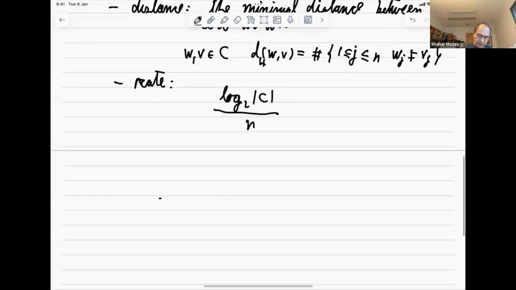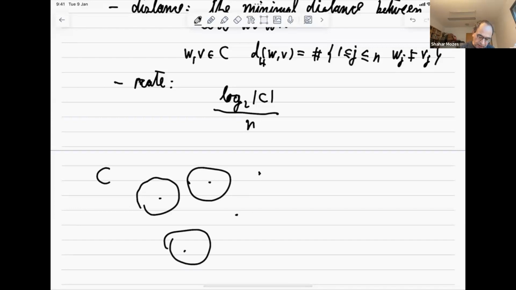If you think of it, you have this space and these points are the code words, and if they're at distance t, then if you take a ball of radius smaller than t over 2 around each code word, then you can correct the code.